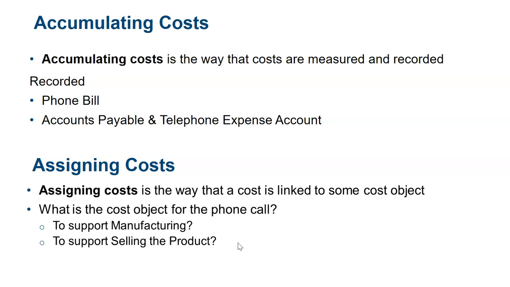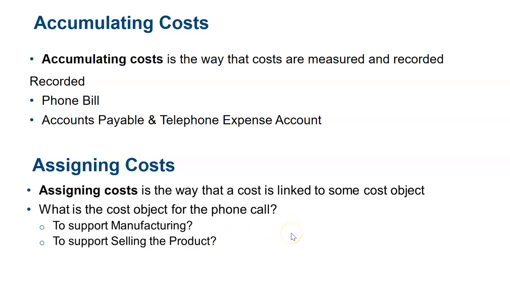Because what we're going to find out is that with manufacturing, this is an extremely important distinction. This is a selling and administrative expense down here, but costs that come into play to support the manufacturing process end up being product costs. So keep that in mind.